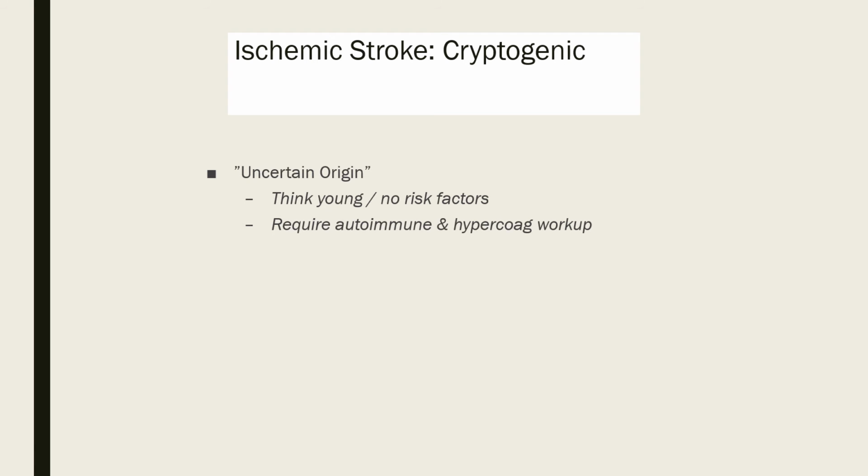If you do find this, you usually refer them outpatient and they get an autoimmune and a hypercoagulable workup. However, these patients may also have undiagnosed AFib and you just don't know it or you didn't see it on telemetry when they were in the hospital. So always, these patients you discharge on a 30-day Holter monitor and have them follow closely with their primary care or a cardiologist to interpret it.